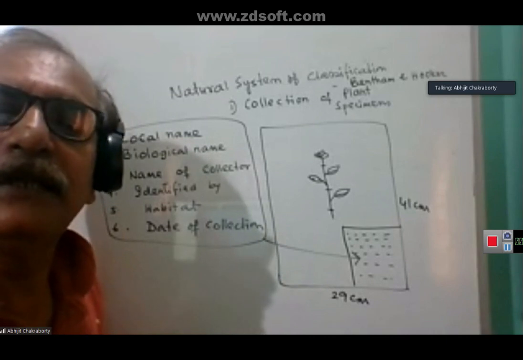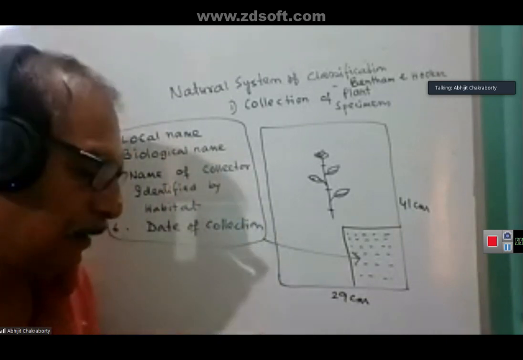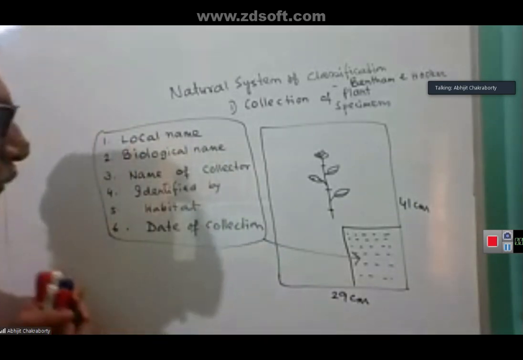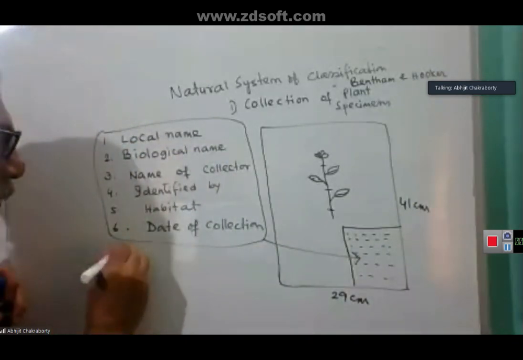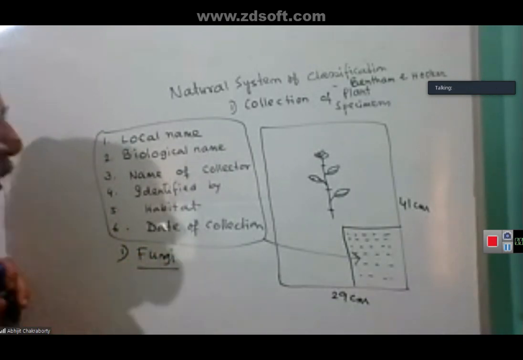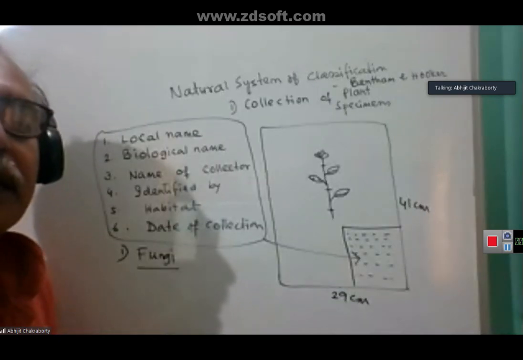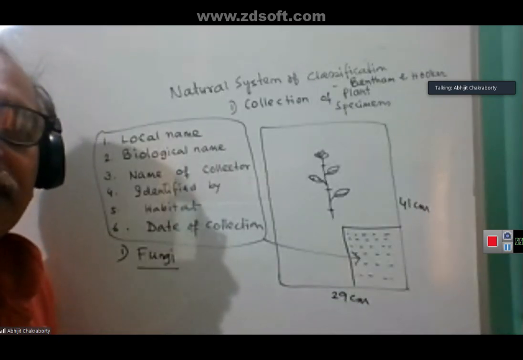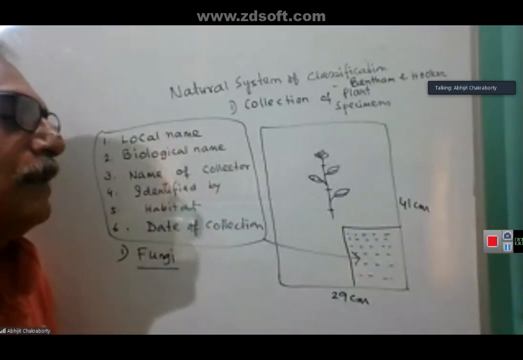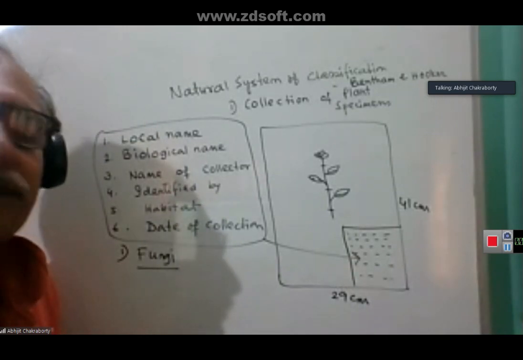There are some enemies which destroy herbarium specimens. Point 1: fungi, the most important enemies. They destroy the specimen so that you see powdery, whitish patches.